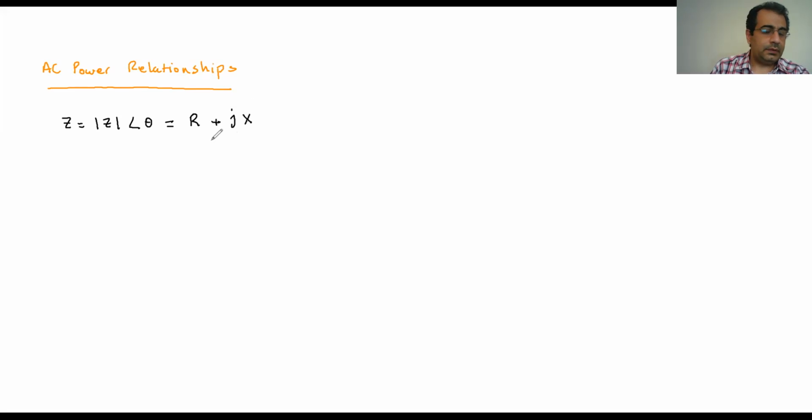And if I consider this part as representing the resistance, and this part, X with its sign, we consider it as the reactance.